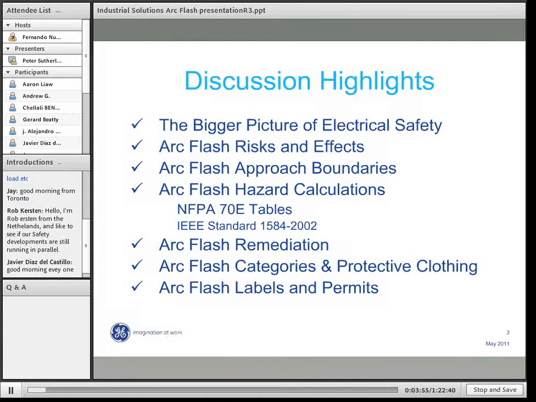And then there are also work permits which need to be issued when people are performing work involving arc flash hazards. And again, these are based on the regulations in the United States, and they may be different in other countries, but it gives a good overview of the field.